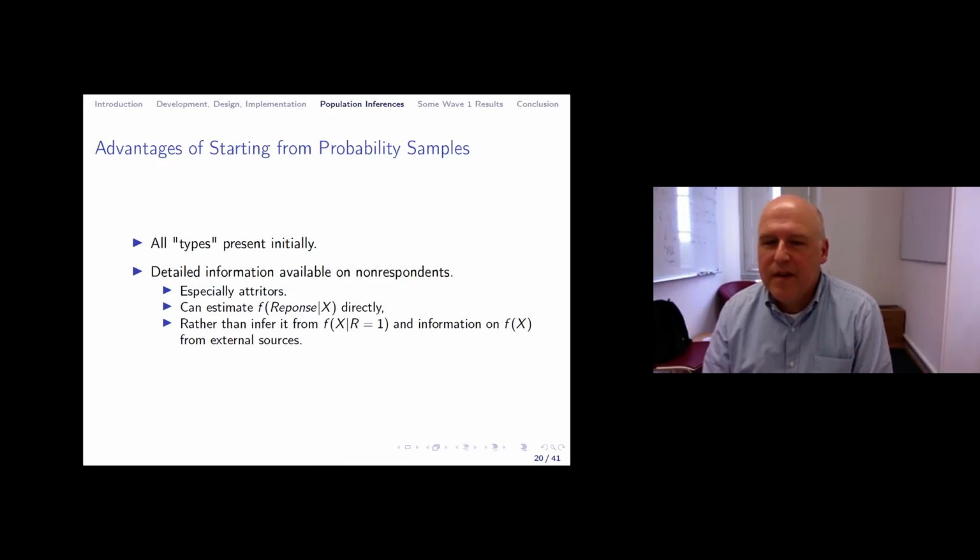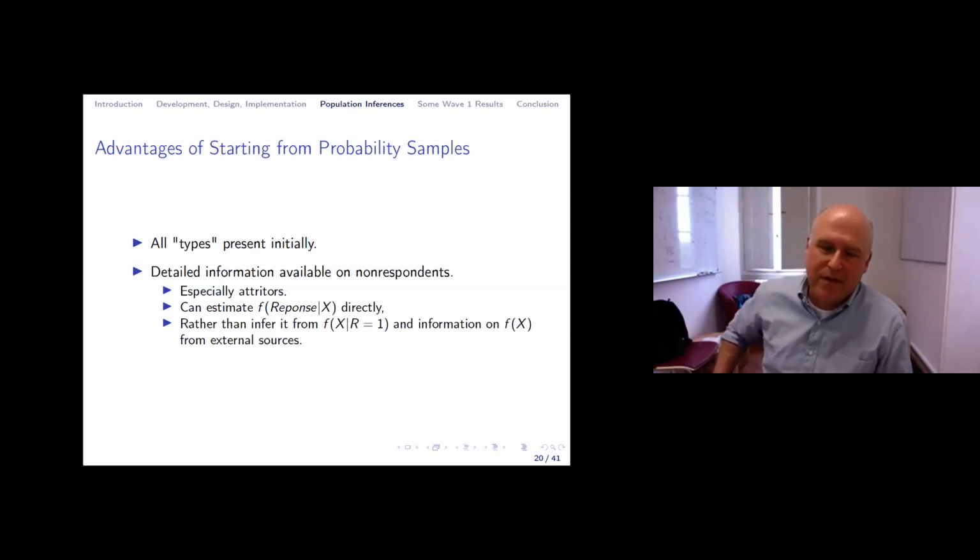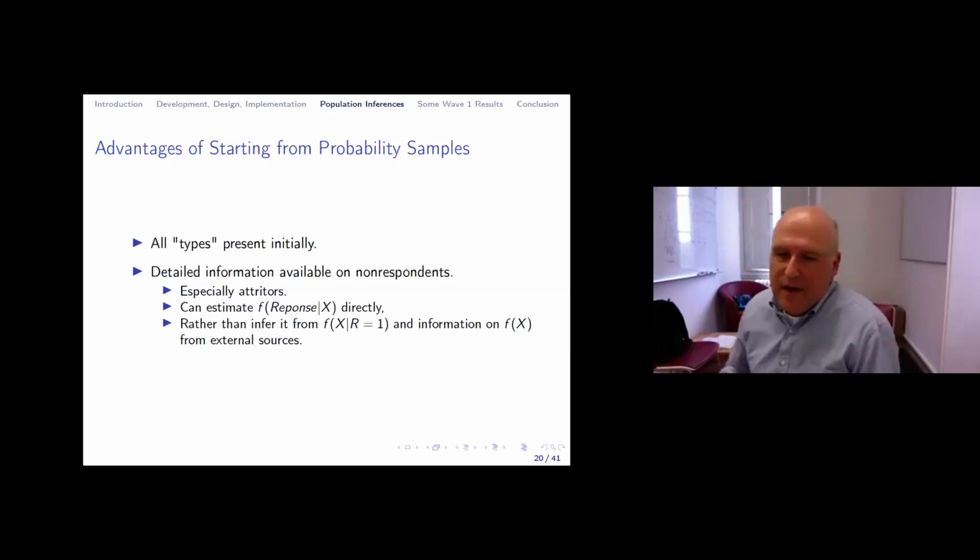And that means we can estimate directly the probability of response given observables. We have very, very detailed observables. Okay, so X here is things that we can observe about both respondents and non-respondents. And for us, that's very, very detailed.